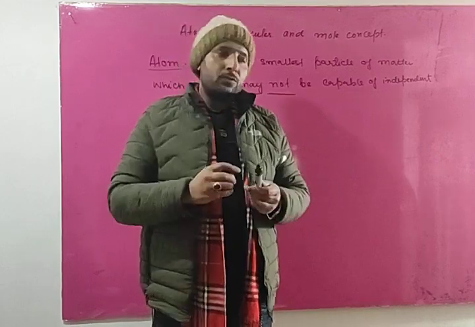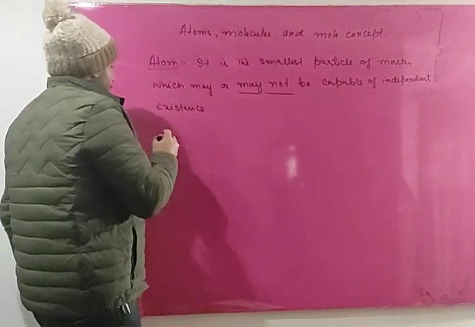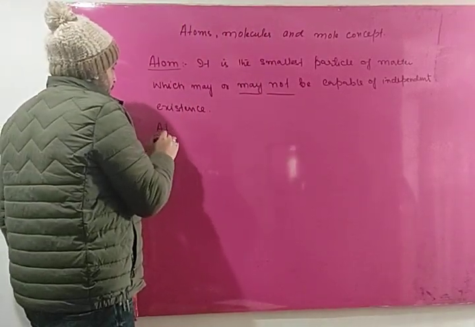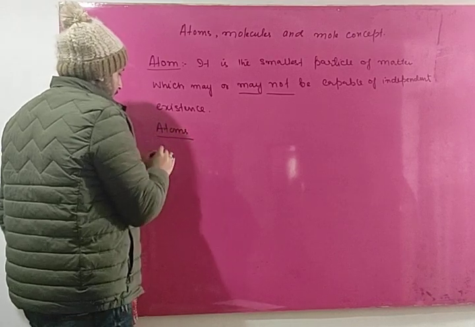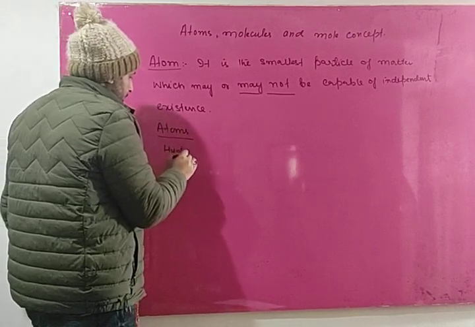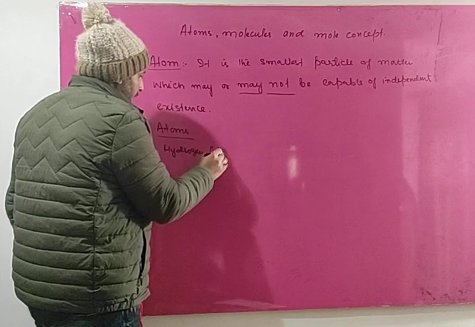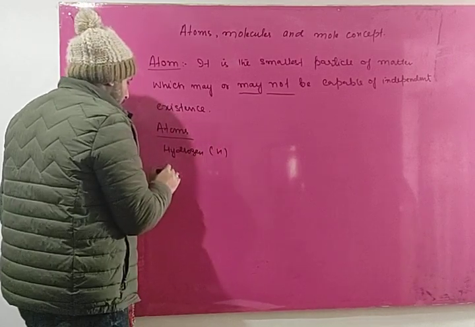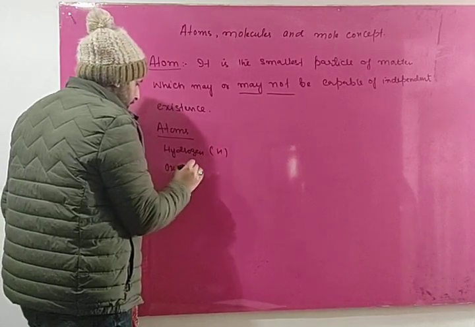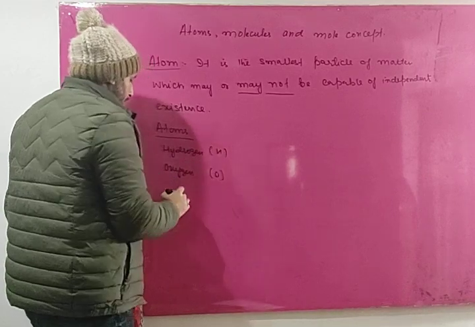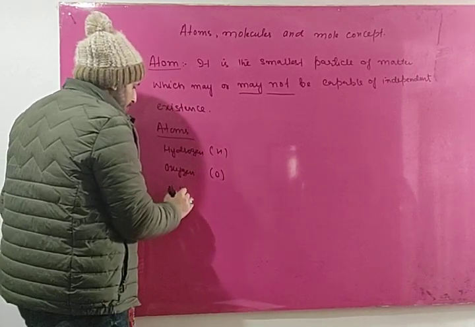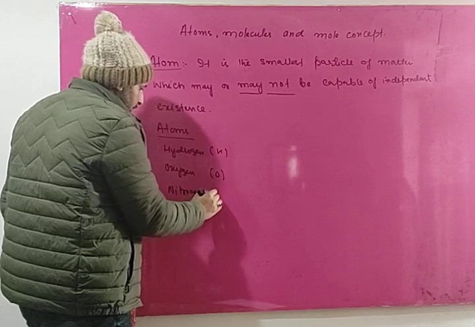All right, for example, when we talk of atoms, we have hydrogen atoms, right? We have, say for example, oxygen atoms, right? We have, say for example, nitrogen atoms, right?